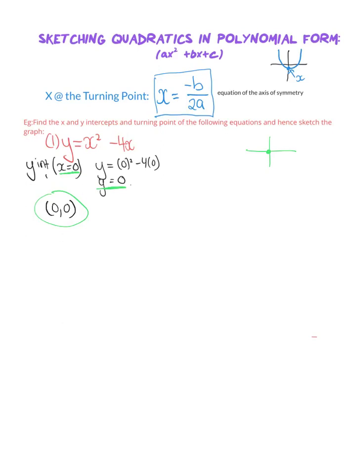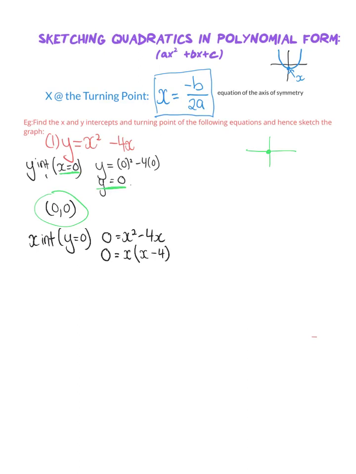Okay, so now we're going to find the x-intercepts. The x-intercept is when y equals 0. So if we put y equals 0 into that equation, we have it looking like that. So this is a quadratic equation, and we already have one side equaling 0. So we know to solve a quadratic equation, we factorize. What's common here is x, so I'll take x out of the brackets, and I'm left with x minus 4.